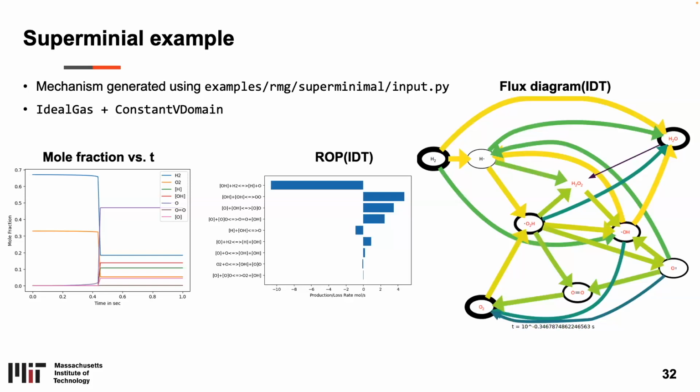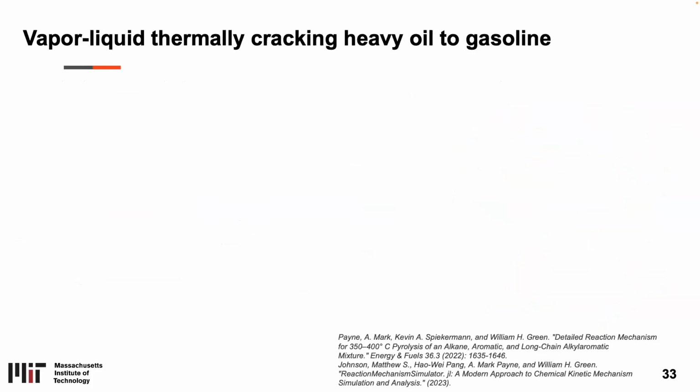So the example that we ran yesterday, we ran it on ideal gas assumption. We ran it on constant volume assumption, and it will solve the system this way. And these are the figures that I believe you all saw yesterday. And another interesting example that I did for the paper is we can do a vapor liquid thermal cracking of heavy oil to gasoline.